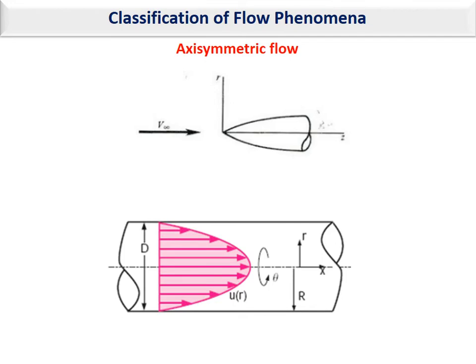In the axisymmetric flow, you again have three dimensions. The one here is shown as Z, or any other name you like, another coordinate in the R direction, and another coordinate in the theta direction. So please note that this is not exactly a cylindrical coordinate. We'll discuss that later.